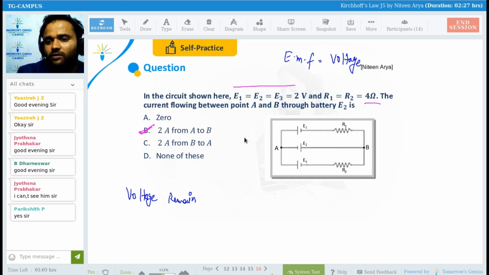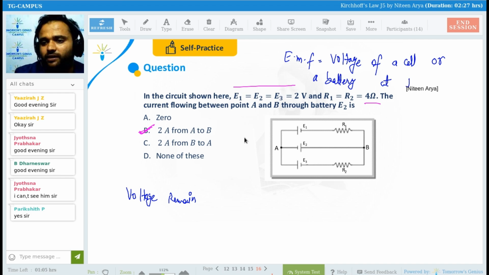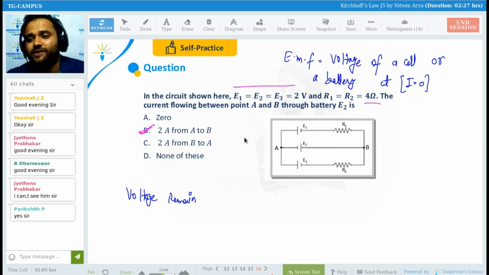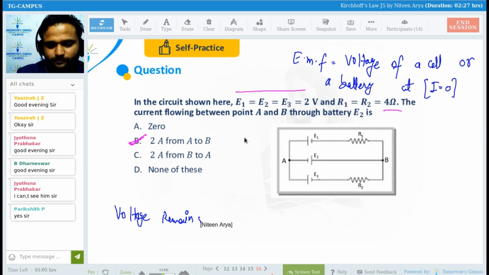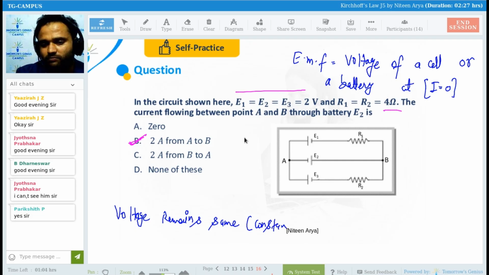Voltage of a cell or a battery at the initial stage, or at I equals 0. EMF is nothing but the voltage of a cell or a battery when current has not started flowing. As simple as that. So voltage remains the same or constant in parallel connection.